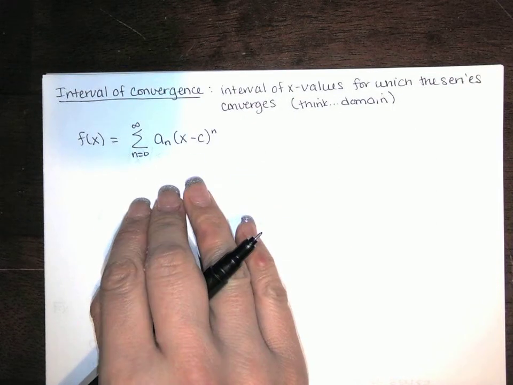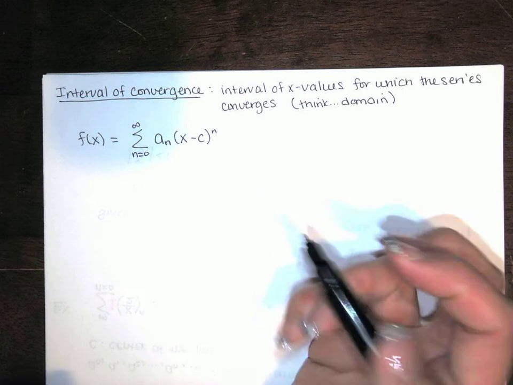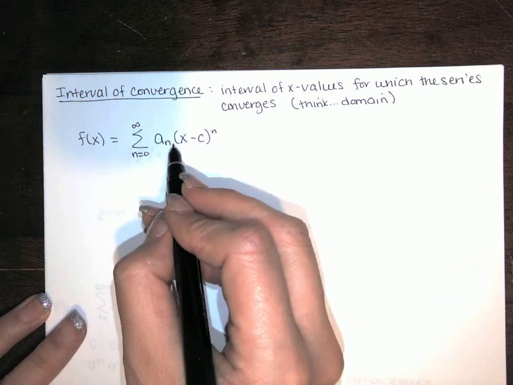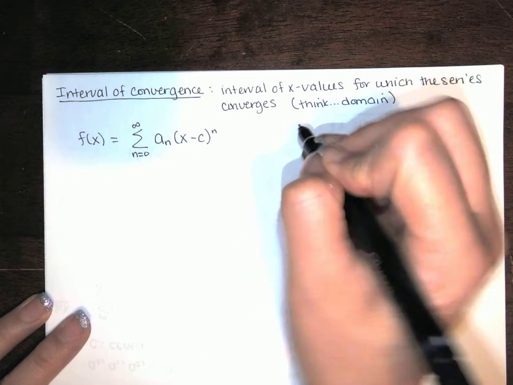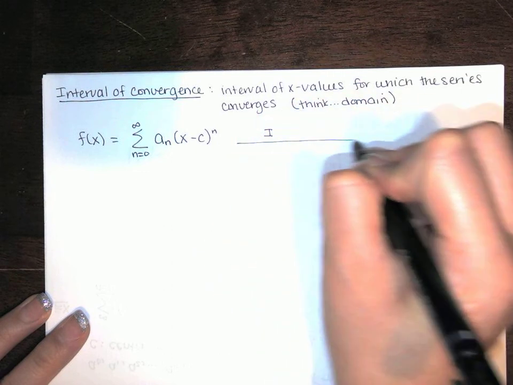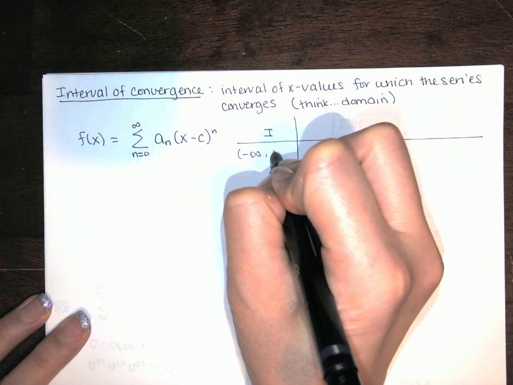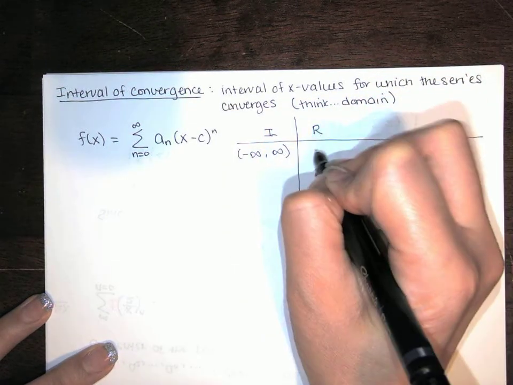Well, it turns out there are only a few possibilities. Either all of the x values work, so you might have the case where the interval of convergence is all real numbers, and then we would say that the radius of convergence is infinite.